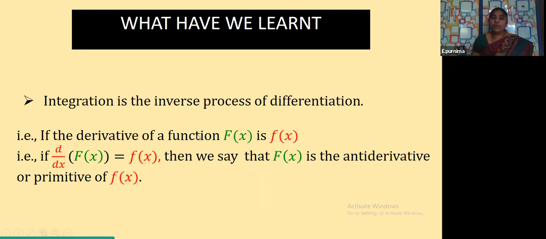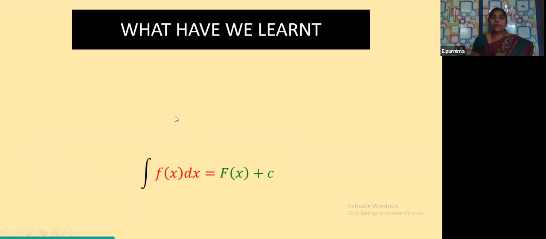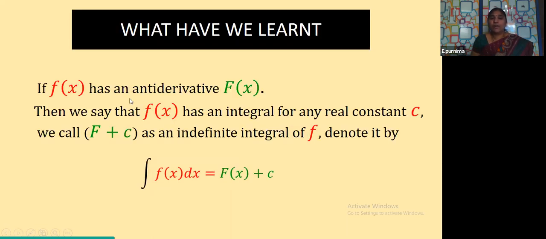Next, what have we learned today, children? If f of x has an antiderivative F of x, then F plus c, for any real constant c, is an indefinite integral of f. Why is it indefinite integral?